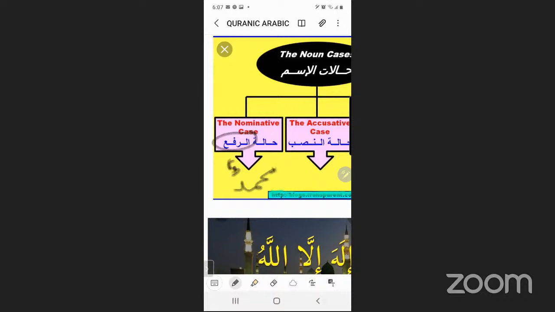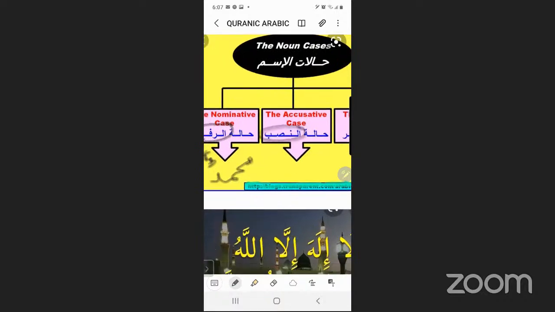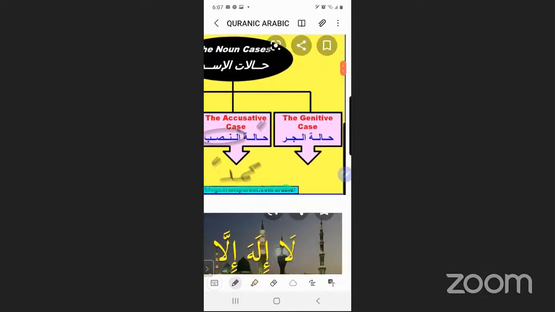This is the default usually of the ism. That's how it's written. The nasab is the an sound. This is the an sound. So we're going to say Muhammadan. And the genitive case or the jar sound is the in sound, the lower sound, e, in, and that is the genitive case or jar, Muhammadin.